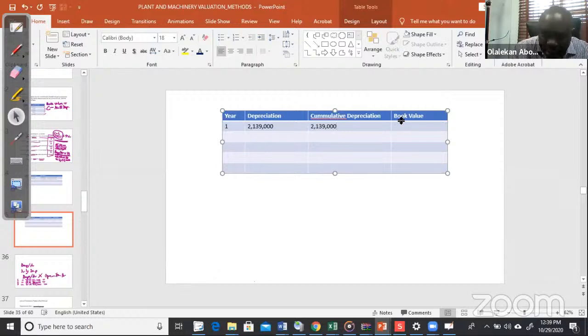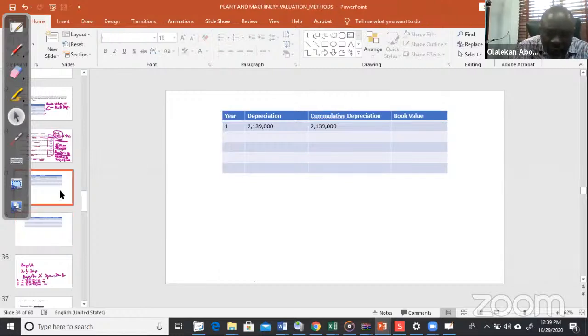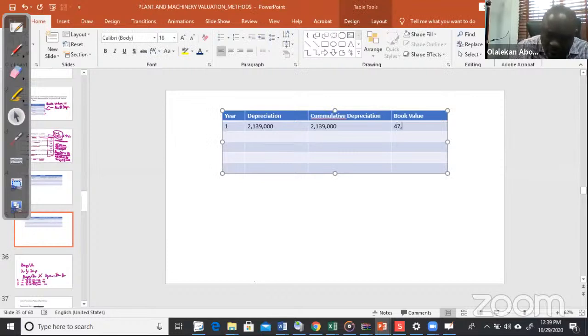In this arrangement, you will be deducting cumulative from your cost, and your cost will remain the same, your 50 million. So you deduct it from your 50 million and you get 47,861,000.